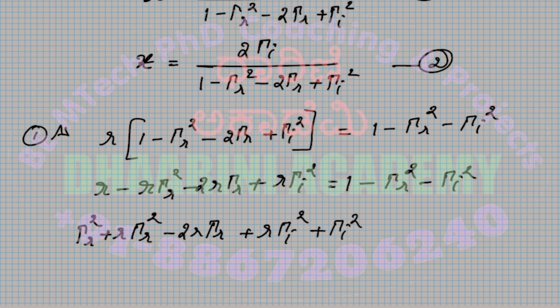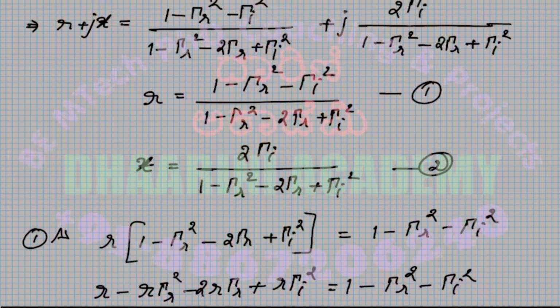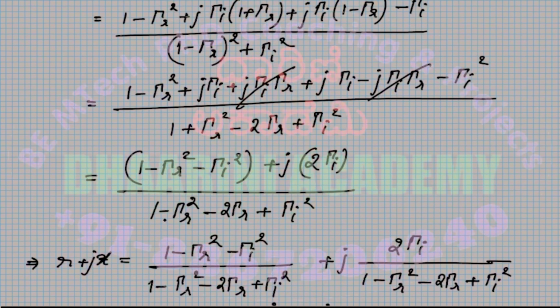It should be equal to, okay, let me just check. I think I made a mistake. Yeah, you see here I have made a mistake. So this is plus. So this is 1 plus.